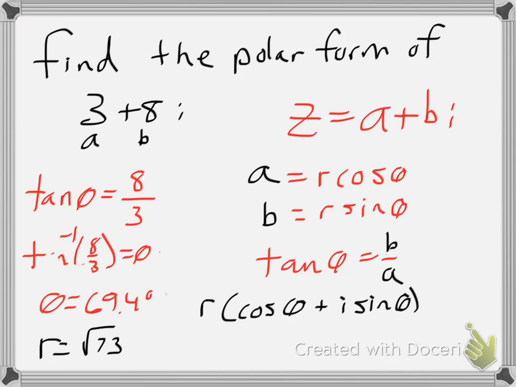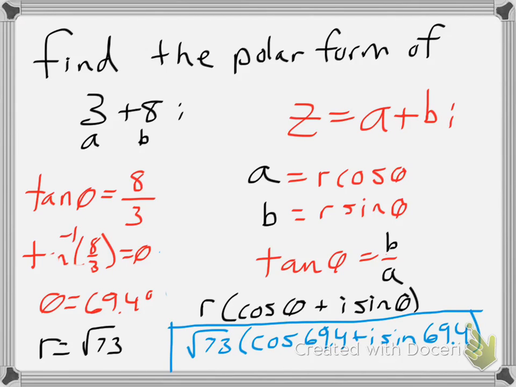Putting in my proper values, I have for my answer the square root of 73 times cosine of 69.4 plus i sine of the same 69.4.